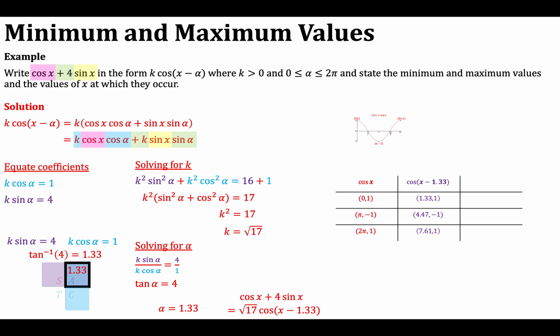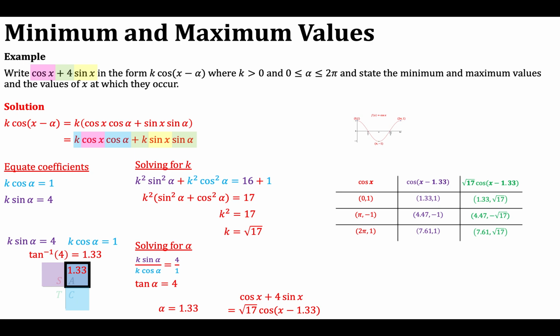And we can then multiply all of our y ordinates by root 17 to get our maximum and minimum values for the function root 17 cos of x minus 1.33. And we'll get 1.33, root 17, 4.47, negative root 17, and 7.61, root 17.